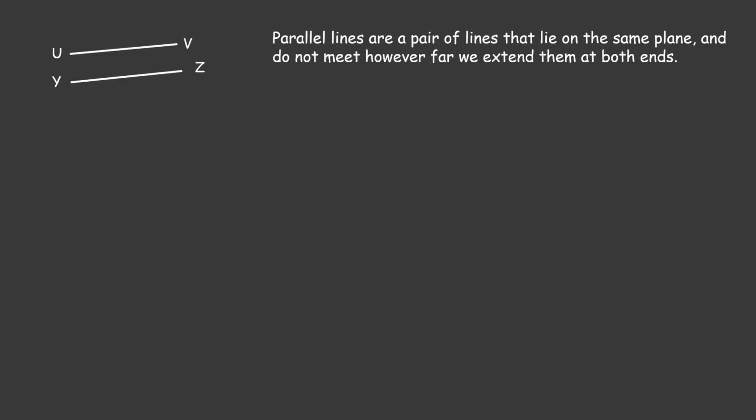Parallel lines are a pair of lines that lie on the same plane and do not meet, however far we extend them at both ends. It is important that lines lie on the same plane. A line drawn on a board might look parallel to a line drawn on the table placed beneath it, but they are not parallel because they do not lie on the same plane.